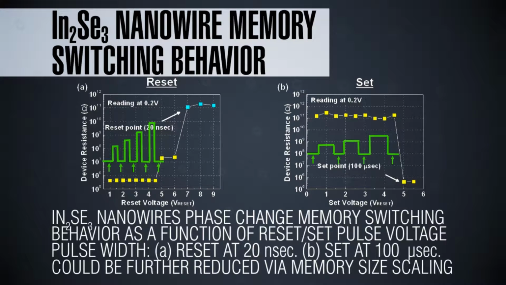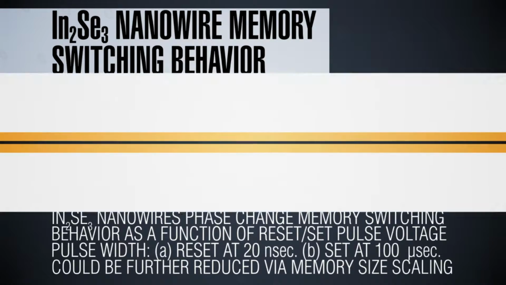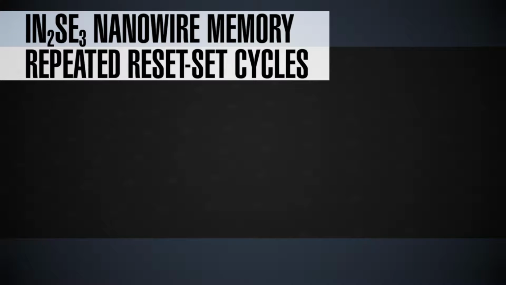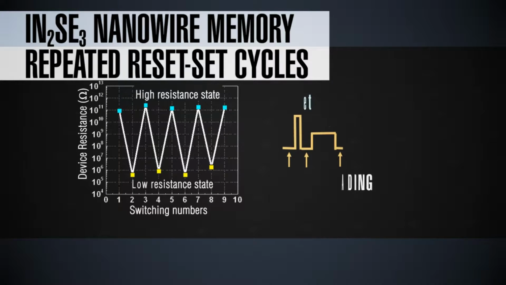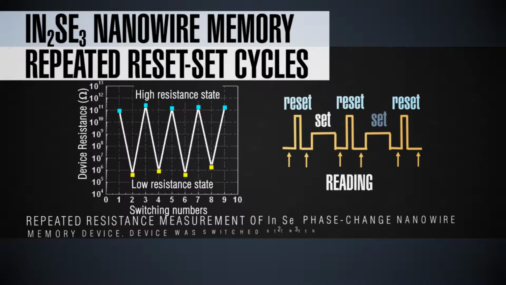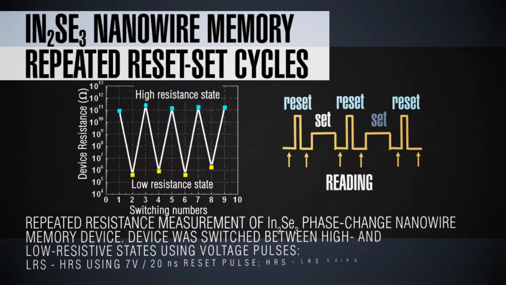Up to the application of about 5 volts, the resistance remains low, and after about 5 volts or so, the resistance becomes quite high, and that is called the reset operation. Then in the set operation, the reverse is shown in the image on the right side. This image shows repeated set reset cycles going from low resistance state to high resistance state, showing about 20 cycles or so.